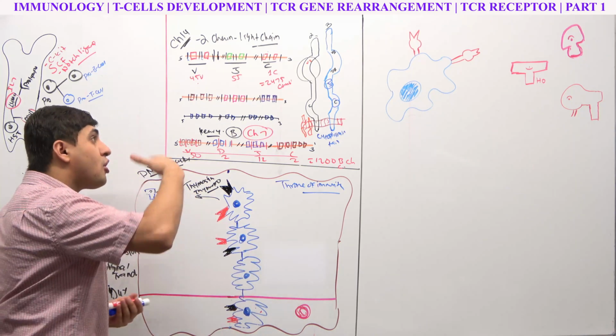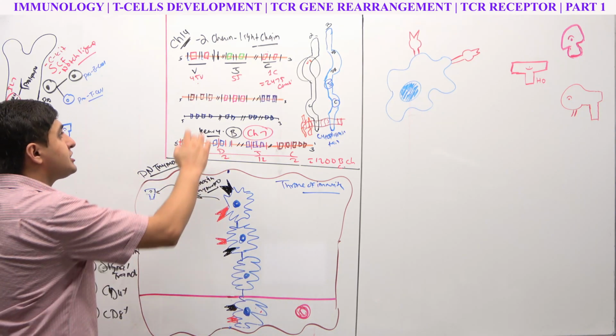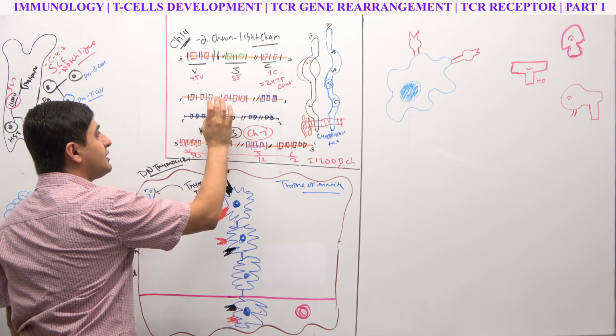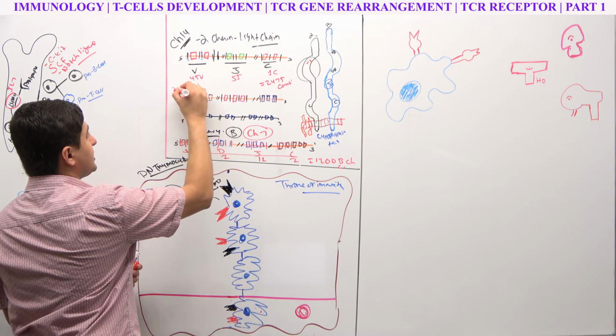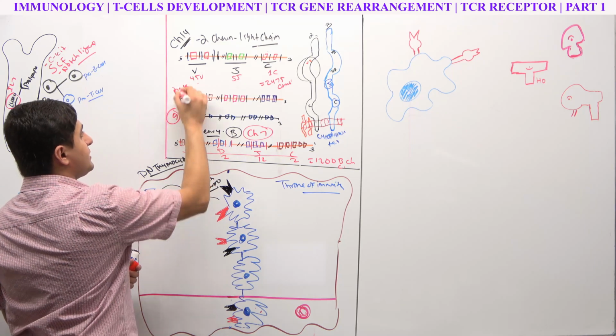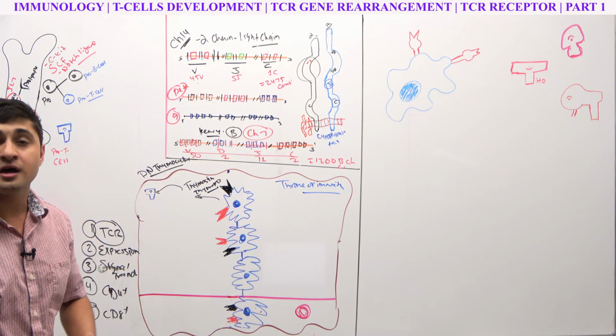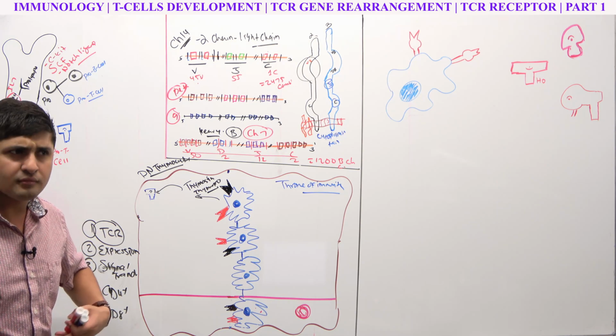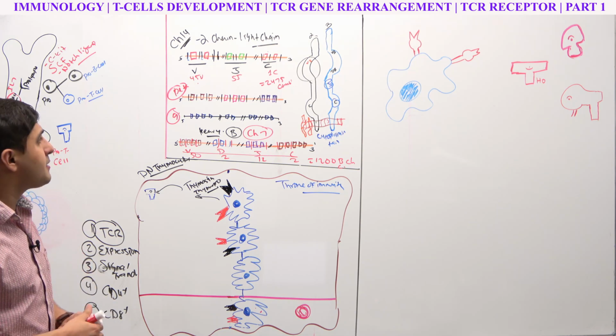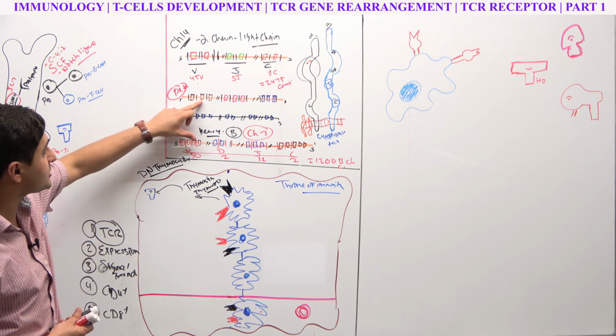There is also one other receptor, which is produced from delta and gamma. This is going to be delta, and this is going to be gamma. This T-cell receptor is usually located in the intestines. It's not the most abundant, but it is present.